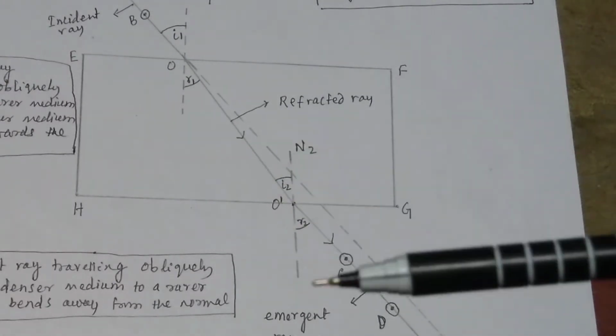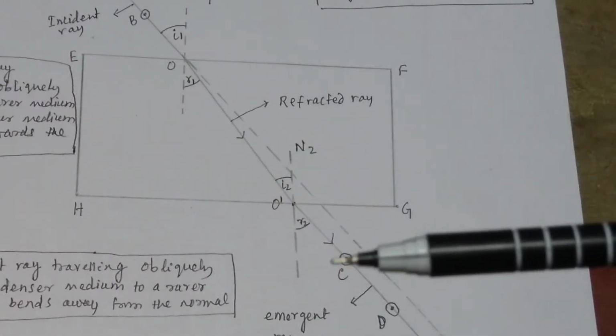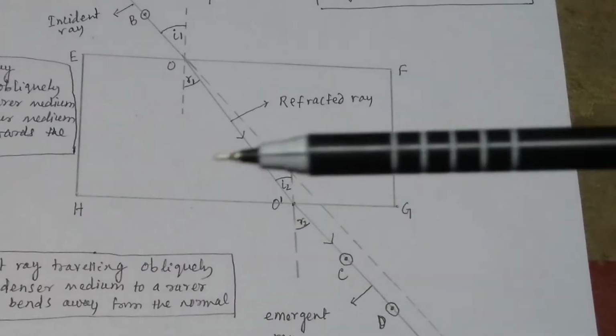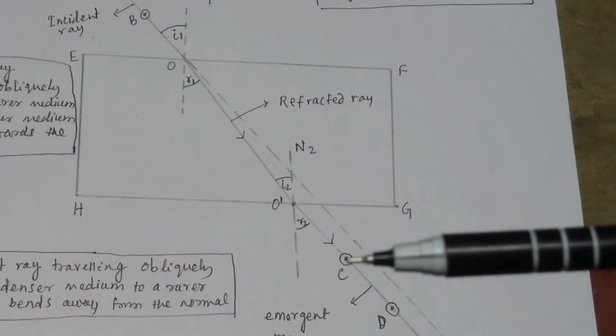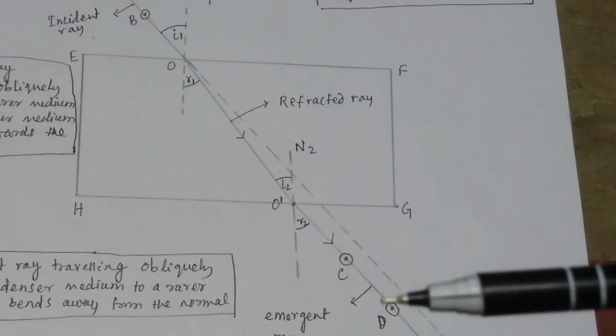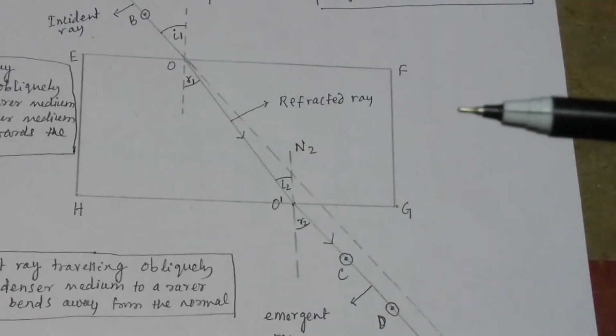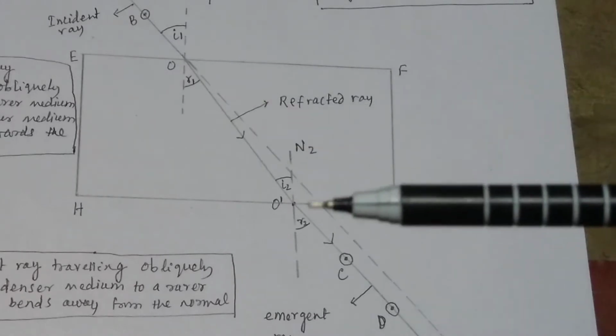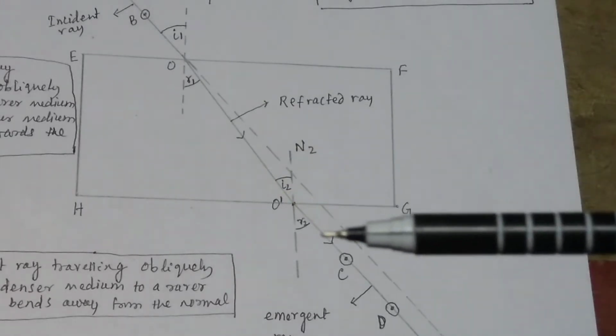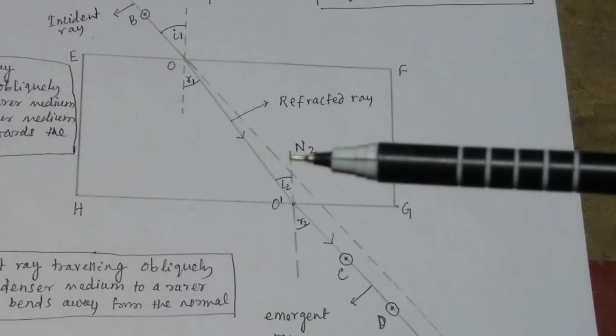By looking at this refracted line, you draw the pin positions C and D. Then you take the glass slab out and join this line.